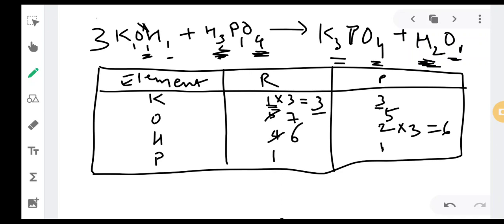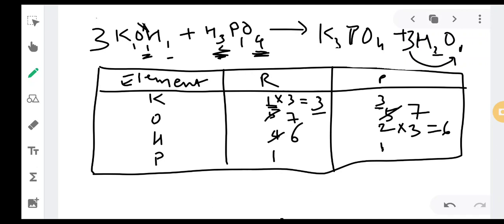On the right hand side, this is 3, so 3 into 1, plus 4, a total of 7 atoms of oxygen.